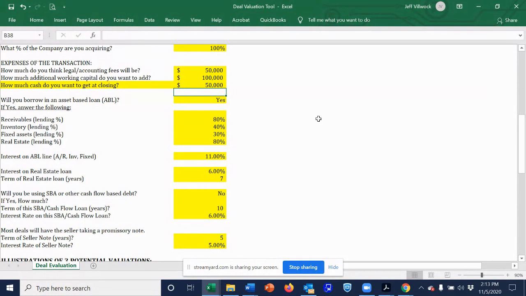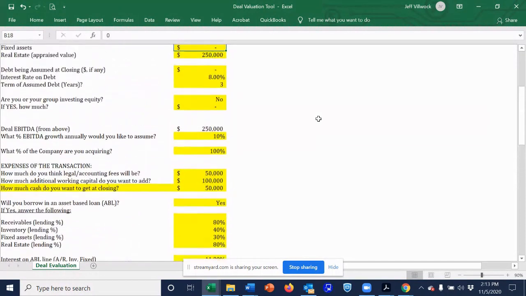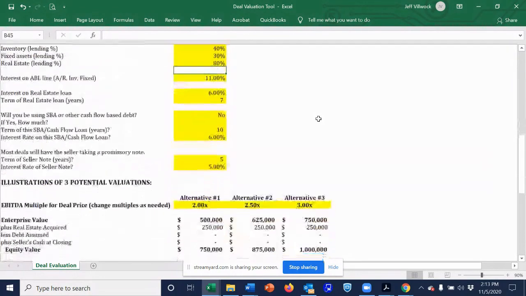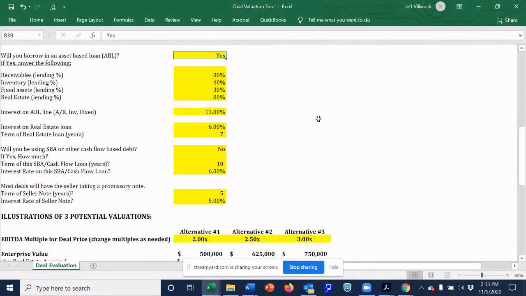I'm ready. Now, you remember back up here, we were talking about inventory, receivables, real estate. So this is where we get into that. How much money can we borrow on our receivables? Generally, it's in the 80% range. So if you have $100 in receivables, generally a bank will lend you $80.